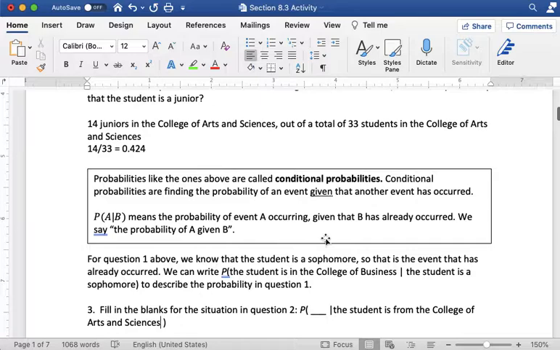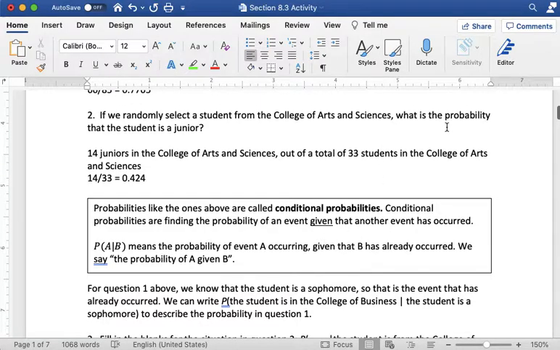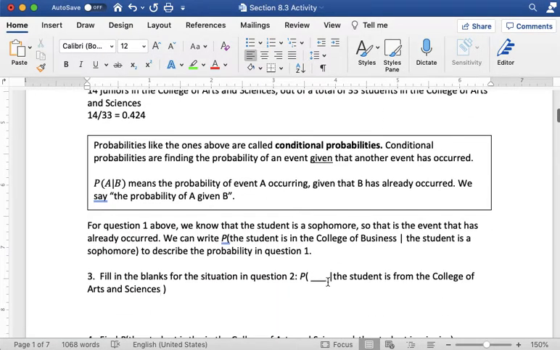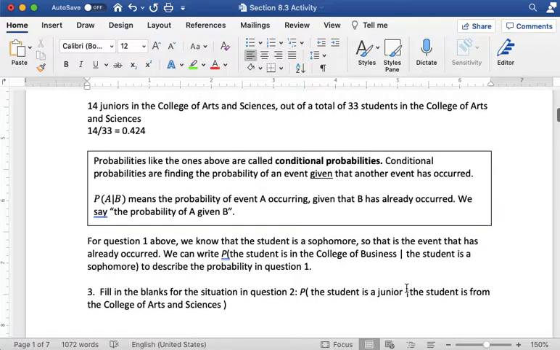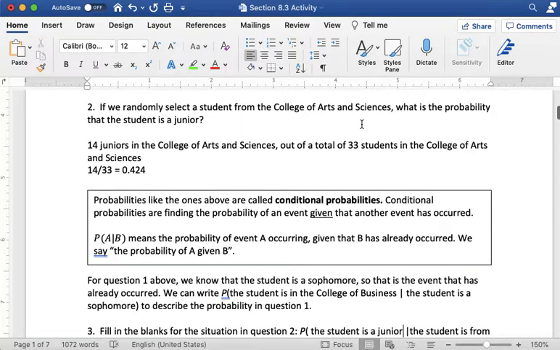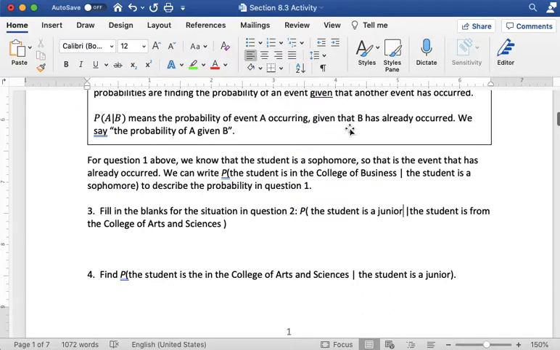And then our question part is, what is the probability that the student is a junior? That's going to be our first part of our probability statement. The student is a junior. So we're asking for the probability that a student is a junior given that the student is from the College of Arts and Sciences, because that's the part that we're selecting from.